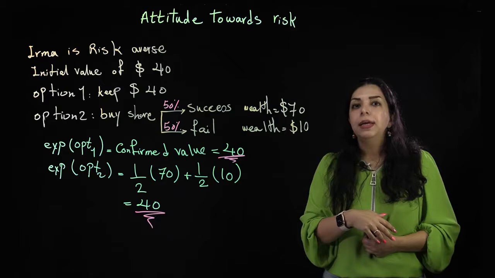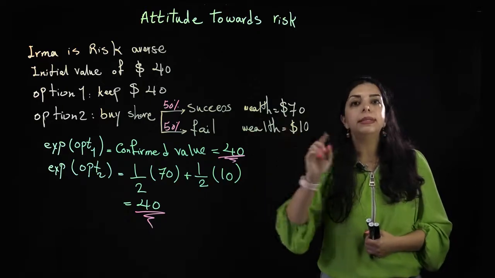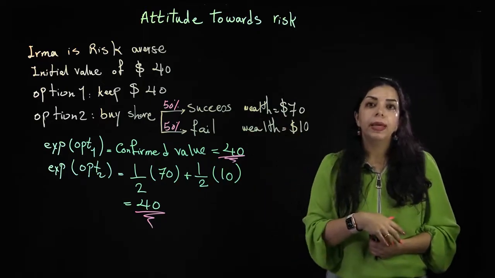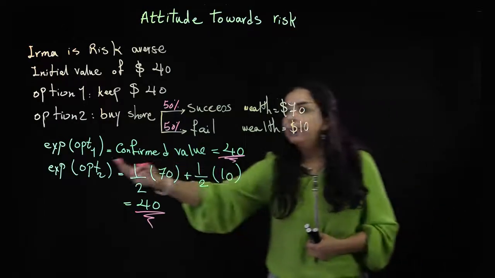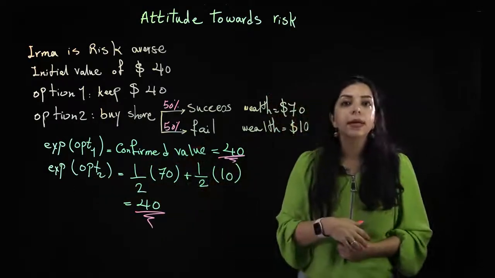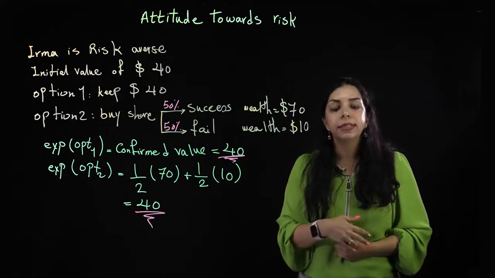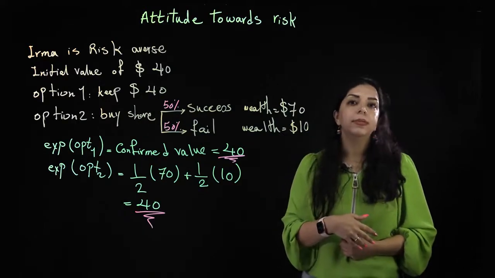So we know that with every associated wealth, there is an amount of utility. And once we have the concept of expected value of the wealth, automatically we're going to have the concept of expected value of the utility.